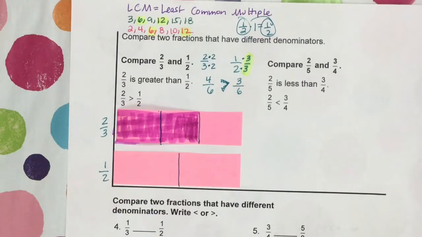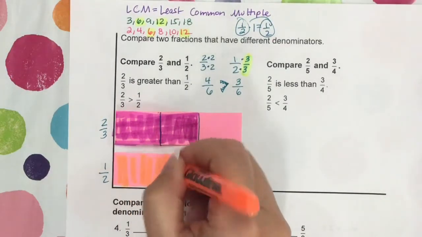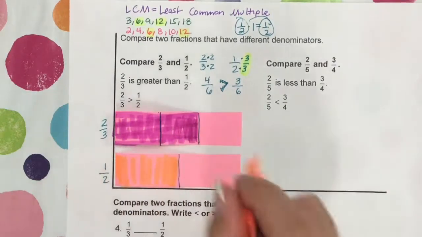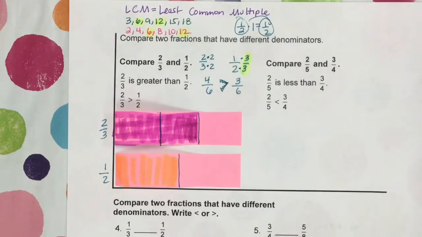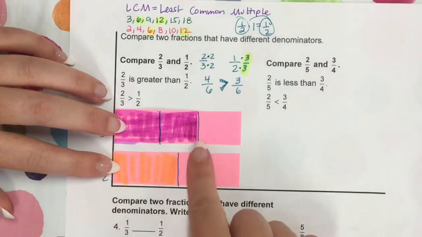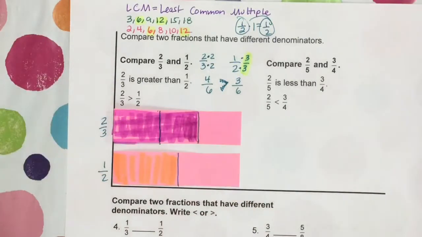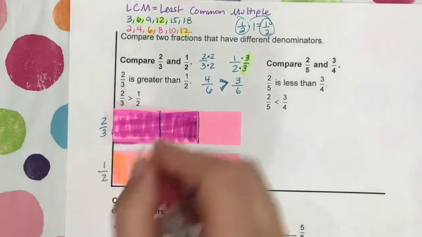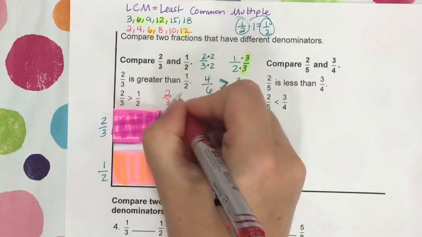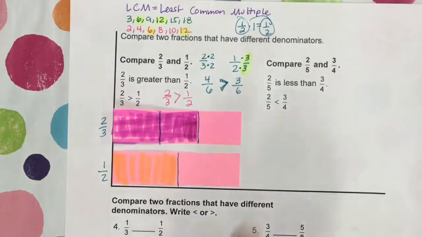And then right here, 1/2 is just going to be 1 out of the halves. And so there you go. And so you can see visually, these pink strips are both the same size. That 2/3 is more of the pink strip than 1/2 is. So that's just another example of how 2/3 is greater than 1/2. Okay? All right, cool. Let's go on to the next one right here.